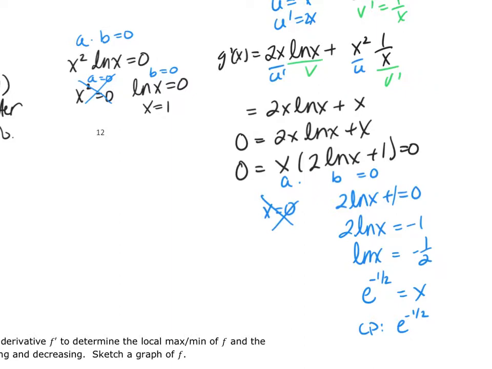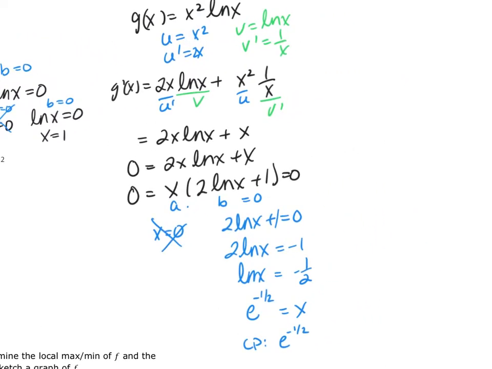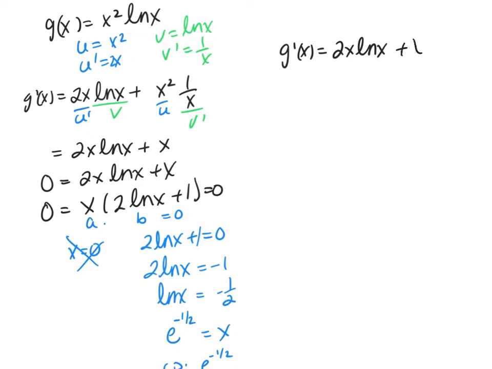I'm going to do my second derivative. My first derivative, again, I'm just going to rewrite it over here, is 2x times the natural log of x, plus x. I'm going to have to use the product rule again, so I take the derivative of 2x times the natural log of x. That's just going to be 2 times the natural log of x.